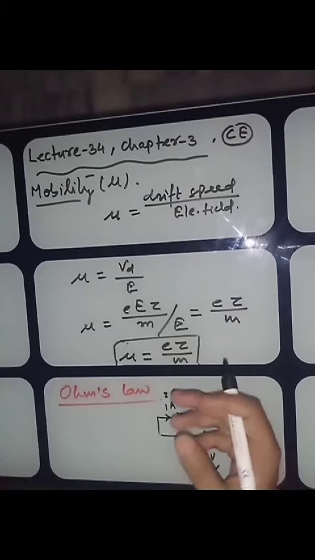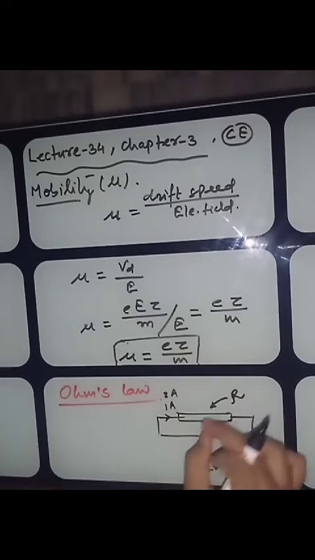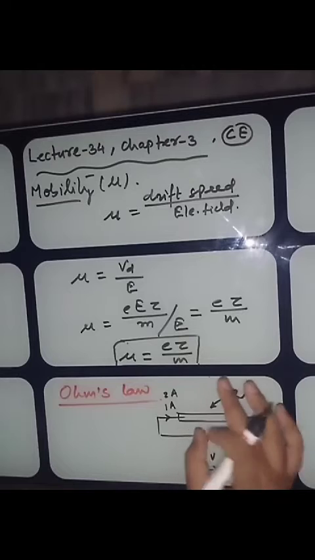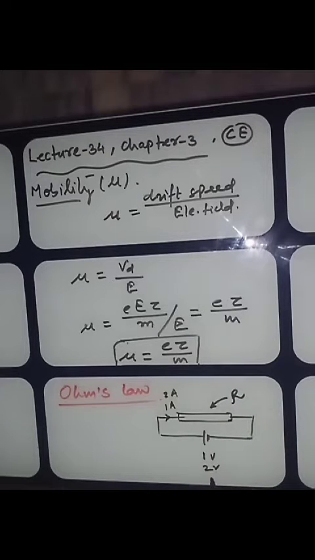We are talking about a particular conductor, and this conductor will be considered an ohmic conductor. Remember, after increasing the voltage to 3 volts, the current was 3 amperes, and so on.